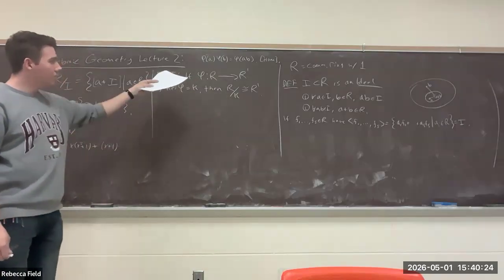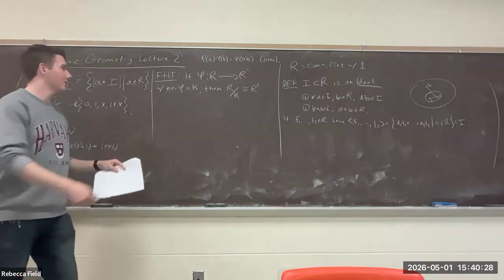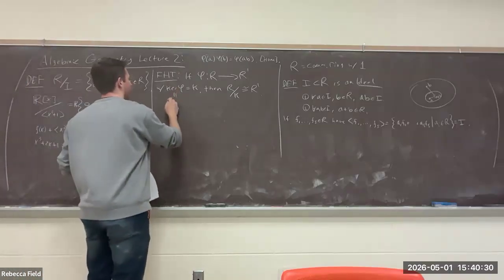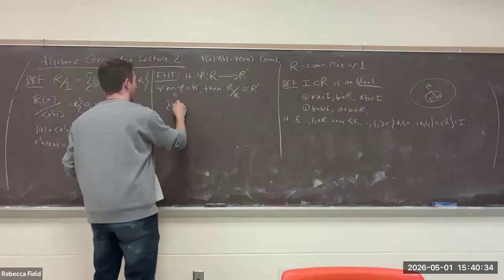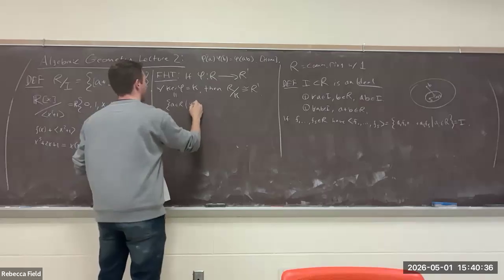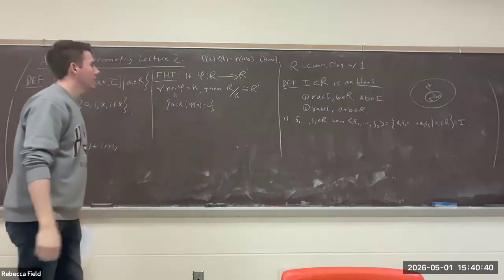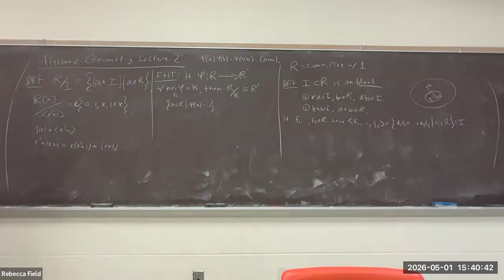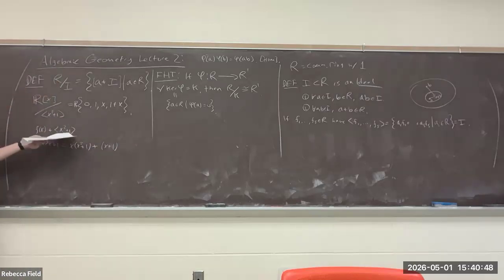And then the kernel you can think of as like the null space. So the kernel is the set of all A in the domain, so A in R, such that phi of A is 0. So then R mod K is really thinking of sending anything larger than the kernel to 0.